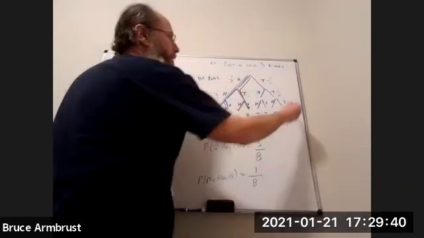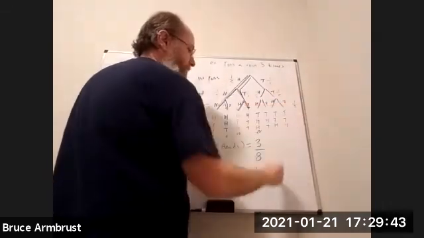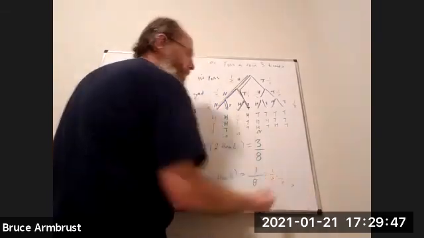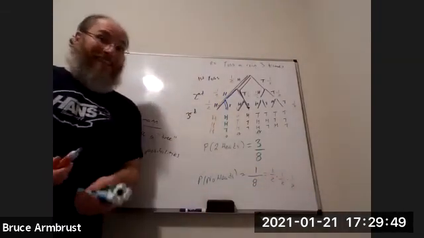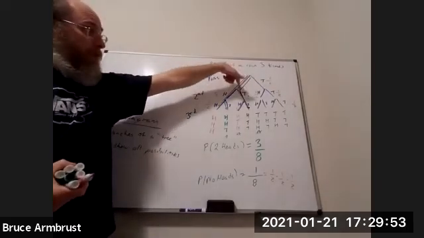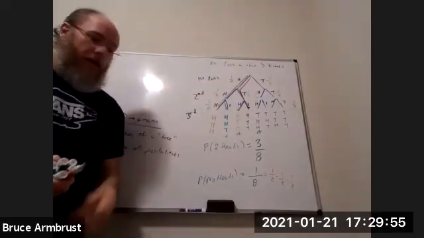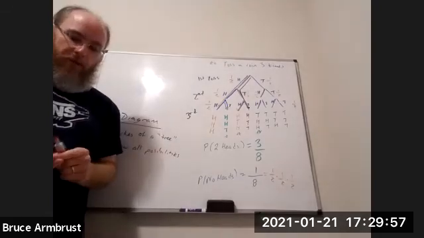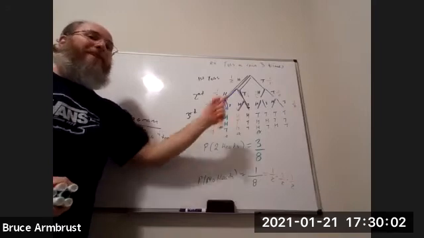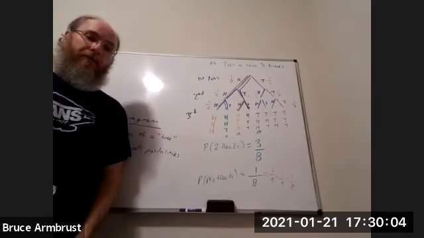Or getting no heads, that's getting a tail each time: 1/2 times 1/2 times 1/2. So if you have the probabilities, you can put them in for your different pieces and then multiply them together. And that gets you your probability of reaching the bottom of that branch.